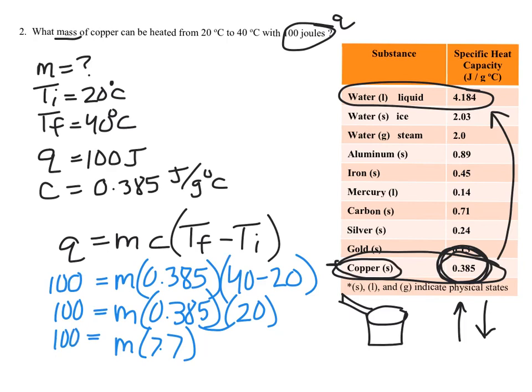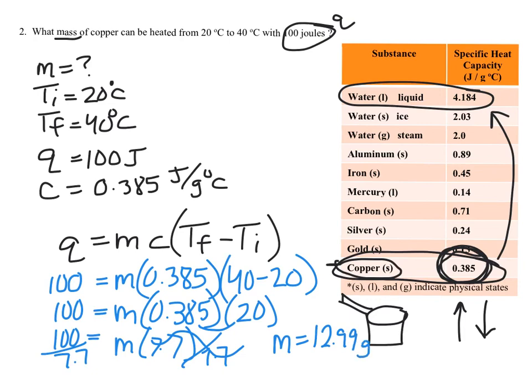Hopefully you know what to do from here. Get M by itself, so divide by 7.7 to both sides. That will eliminate 7.7, and you end up with mass is equal to 100 divided by 7.7, which ends up being about 12.99 grams.